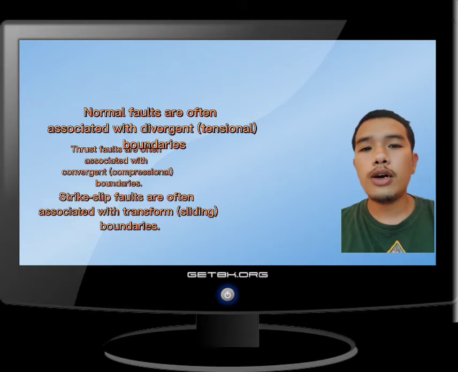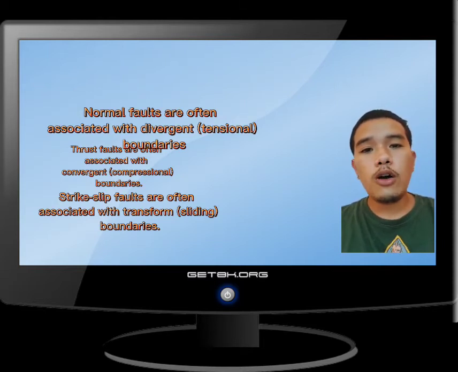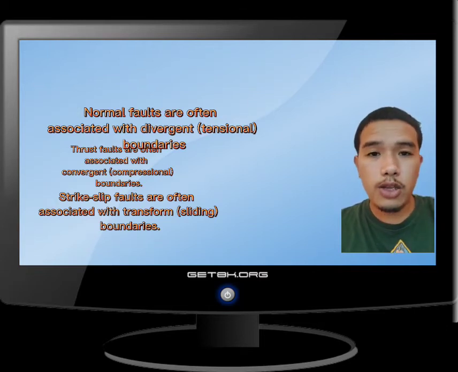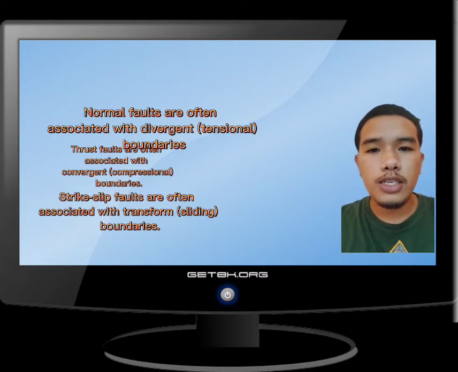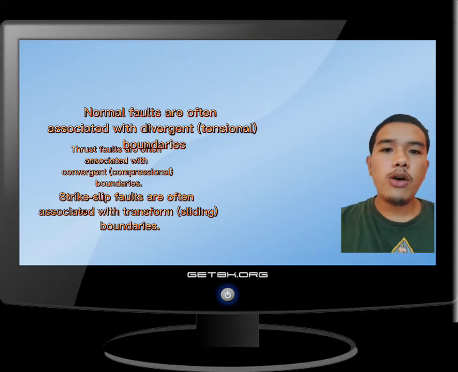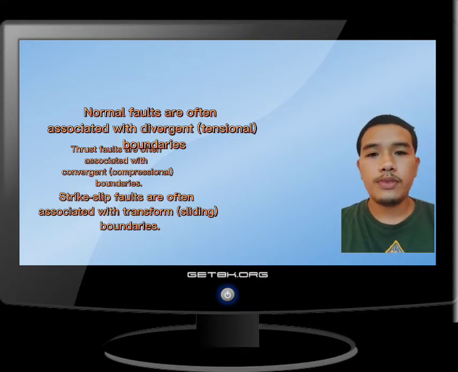When we tackle thrust faults, a thrust fault is a type of reverse fault that has a dip of 45 degrees or less. If the angle of the fault plane is lower, often less than 15 degrees from the horizontal, and the displacement of the overlying block is large, often in the kilometer range, the fault is called an overthrust fault.